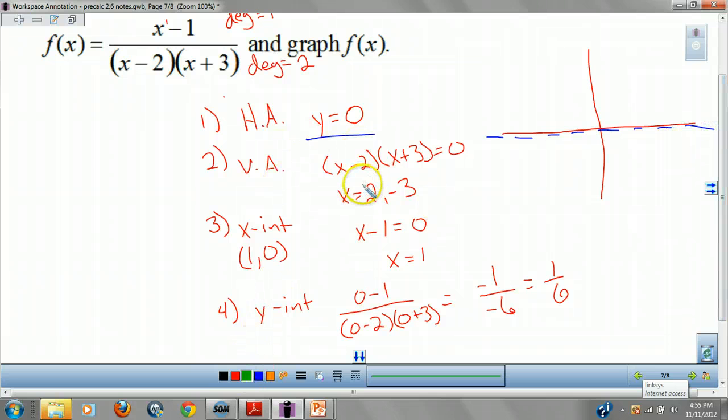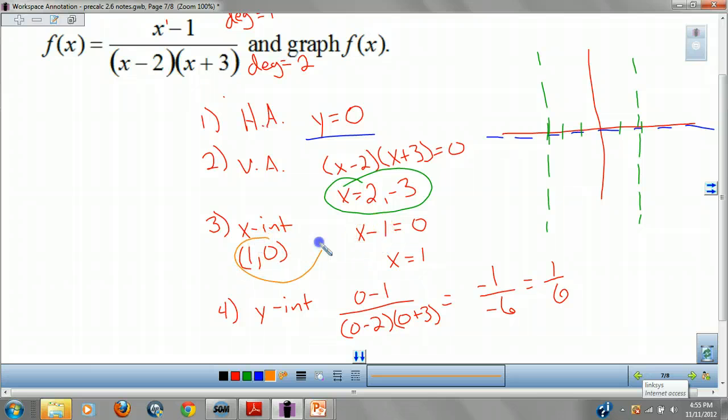I'm going to have vertical asymptotes at 2 and negative 3. I have an x-intercept at (1, 0). And I have a y-intercept of, oops, I didn't finish this guy out, (0, 1/6).